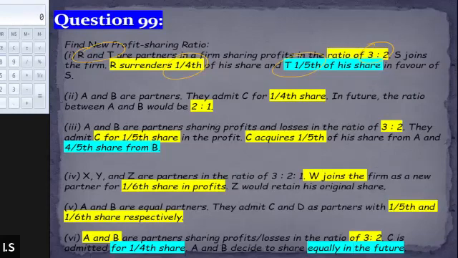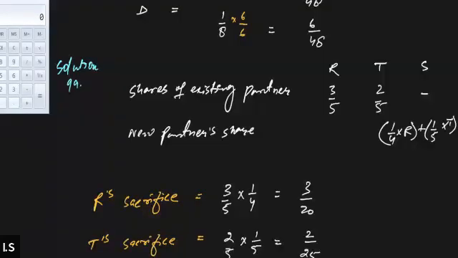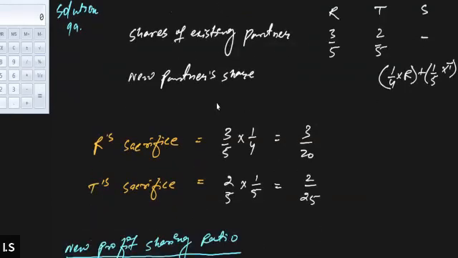All right, I think I'll have to solve this question. Just a minute. Let me show you the solution. See, this is question number 99. The shares of the existing partners are given as 3 by 5 and 2 by 5. Is it clear to all of you? This is the existing share of the partners.